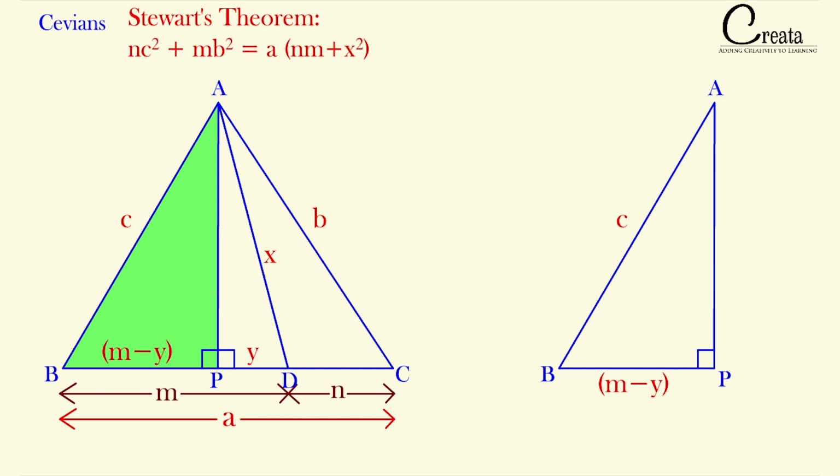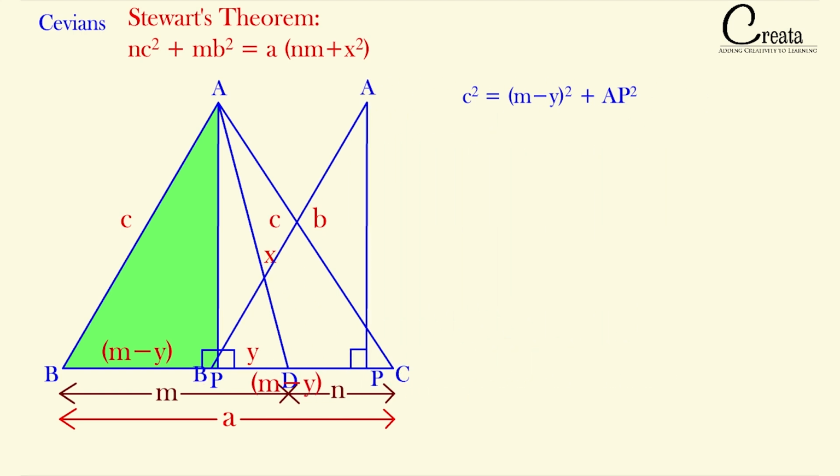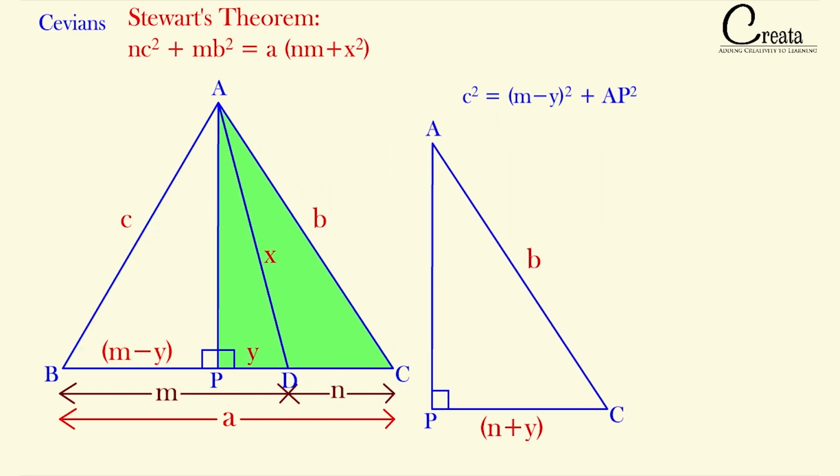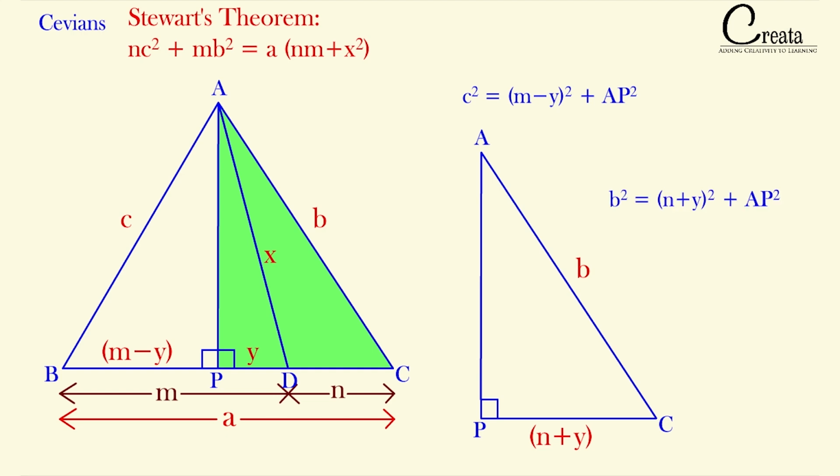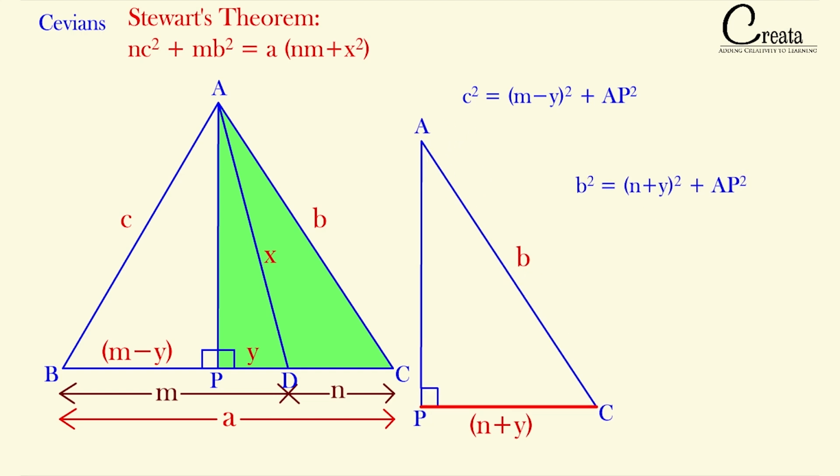We got c square, that is hypotenuse square, is equal to (m minus y) square plus AP square. Further, if we apply the Pythagoras in the triangle APC, we got b square is equal to (n plus y) whole square plus AP square. Here PC, that is this length, will be equal to n plus y. Got it?